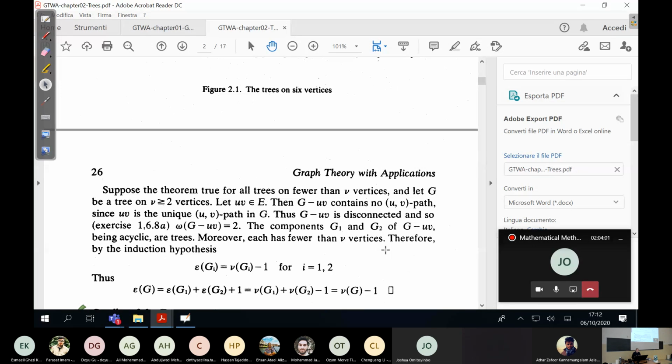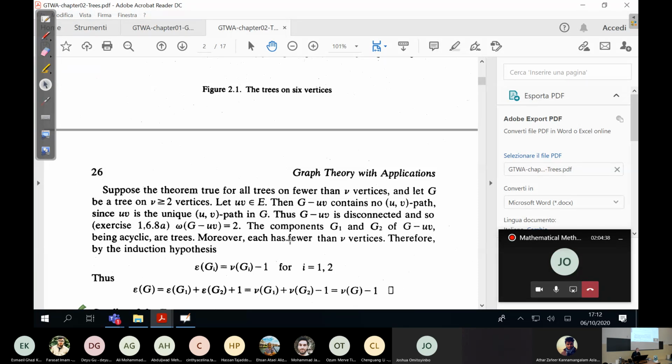So what you have is more than one component. In particular, it's two components, one containing U and one containing V. But in each of these two connected pieces you are left with when you take away edge UV, do they contain cycles?